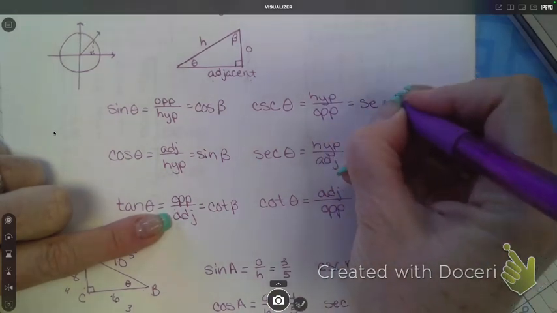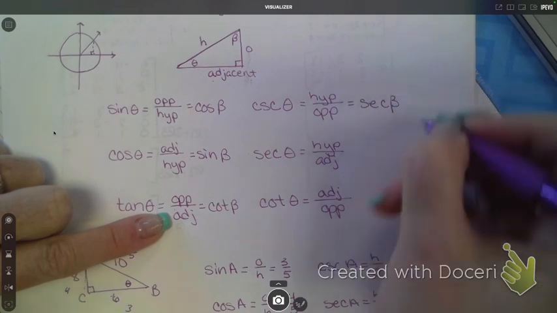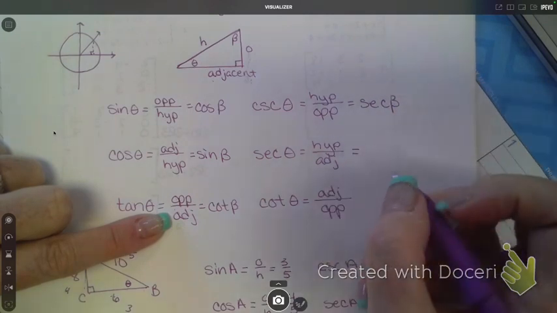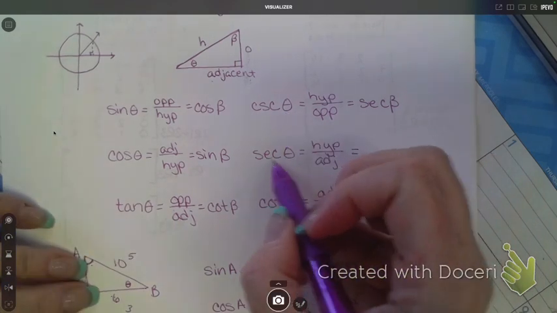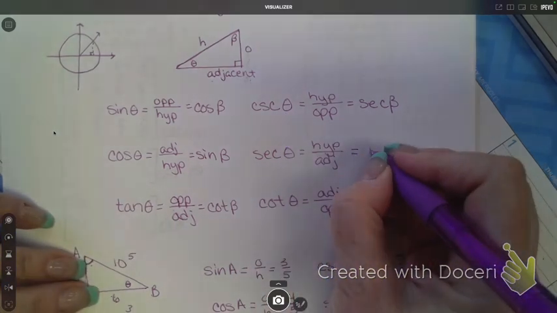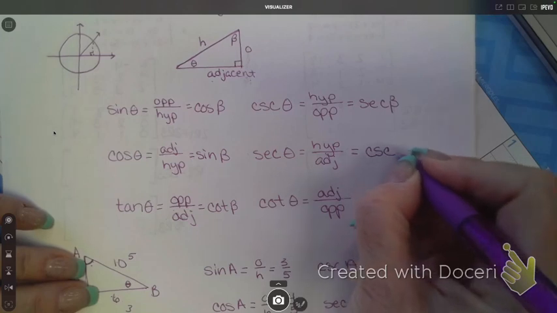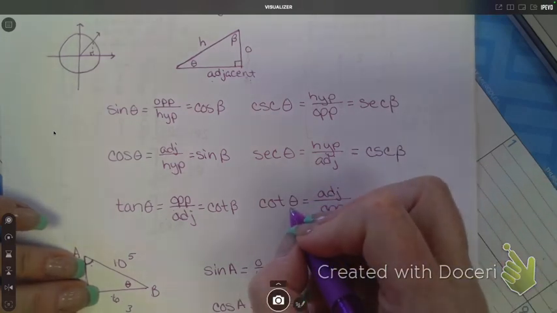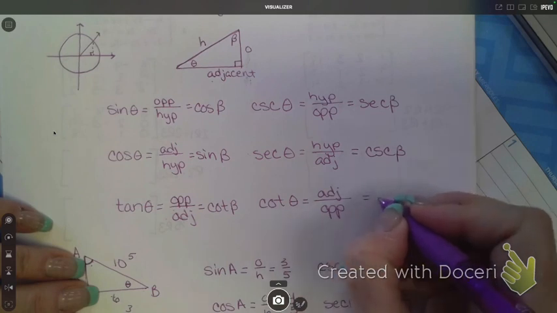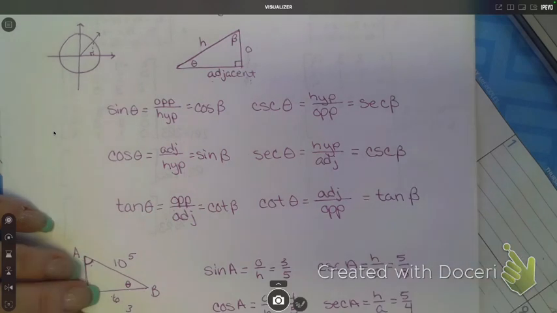The cosecant of beta. The cotangent of theta is equal to the tangent of beta.